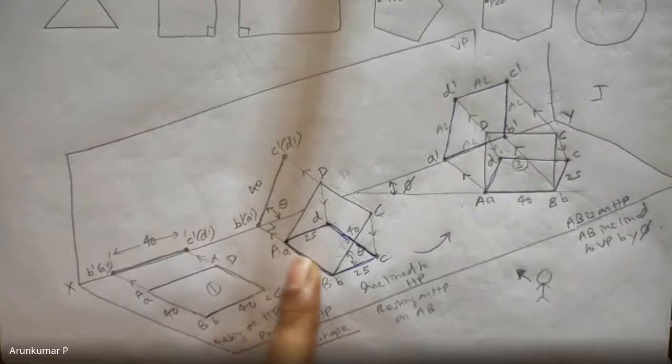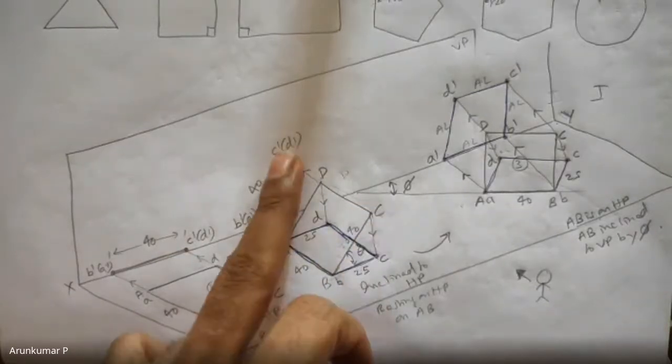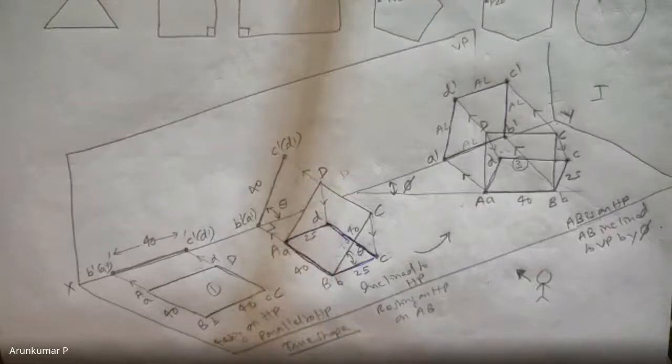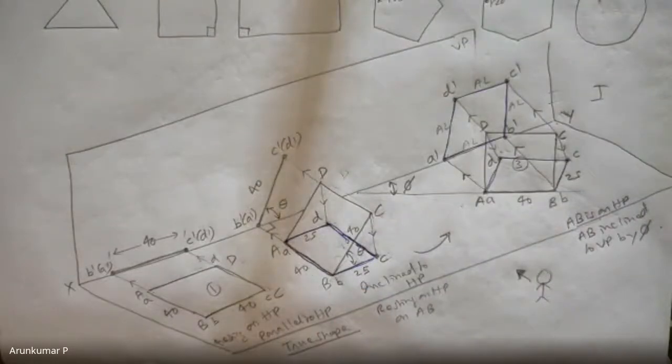The line is parallel to HP or not. It is at an angle to HP or not. You'll never get to know till it is drawn in 3 dimensions. Okay, so if you have any doubt, please ask. Otherwise, we'll take a very basic problem and try to solve it in only 2D.